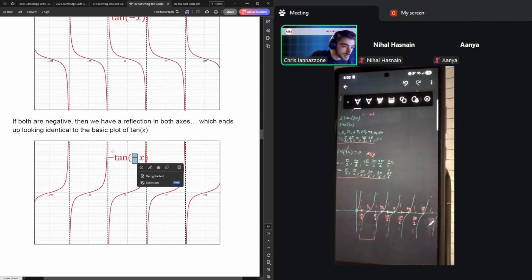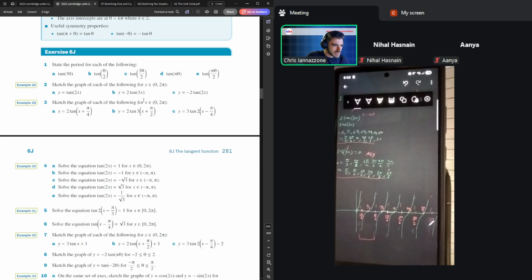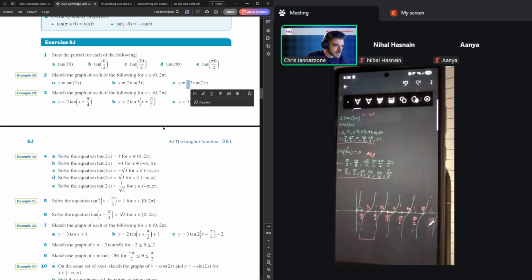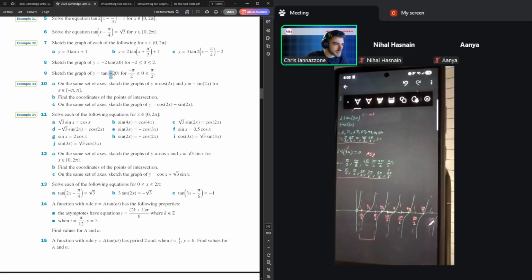And furthermore, if you put double negatives in there, you're flipping it twice in the same way, so you're just going to go back to where you started, bottom left to top right. I don't know how common it is to have a negative in the bracket. Let's see. Negative on the outside. Oh, there you go. Yeah, negative on the inside. It has a precedent. It has shown up at least once.